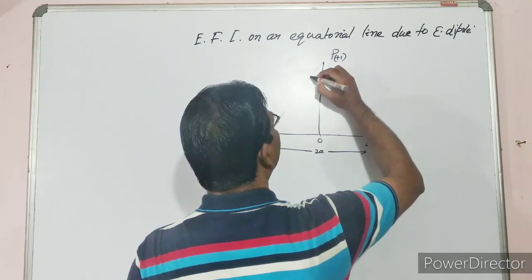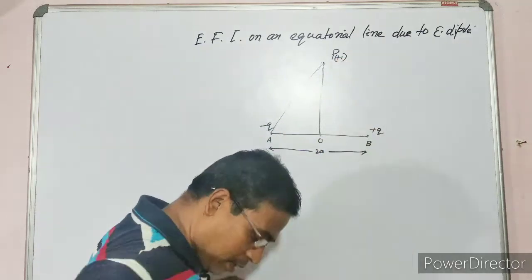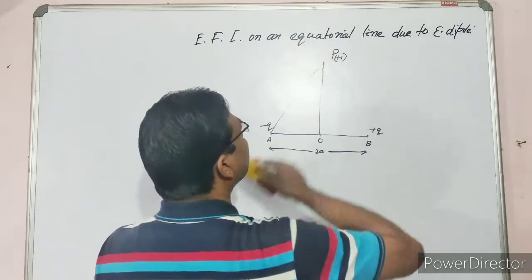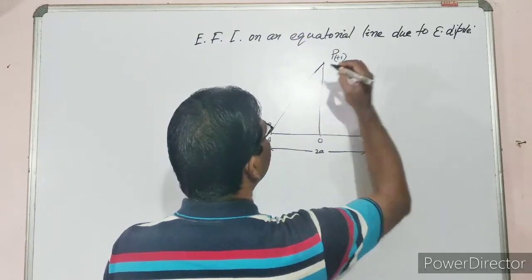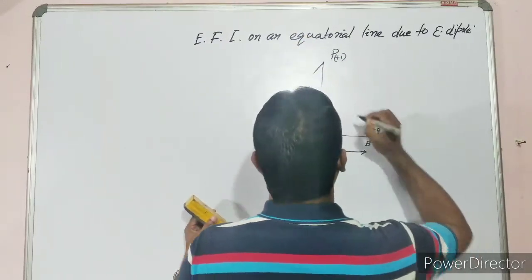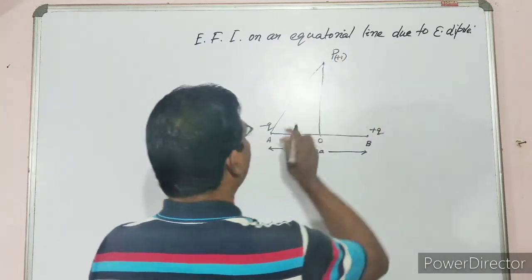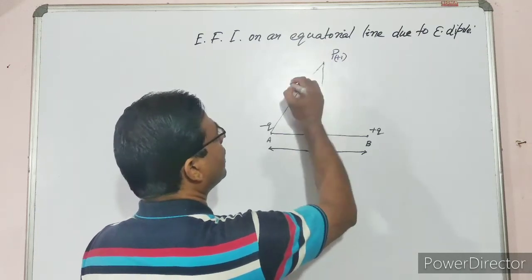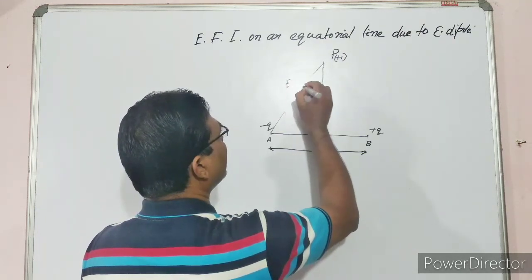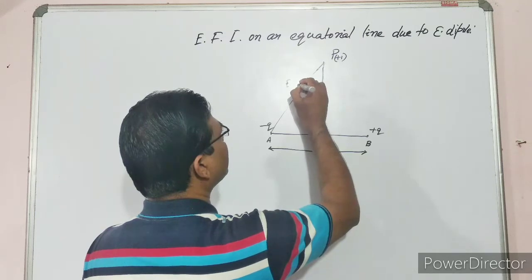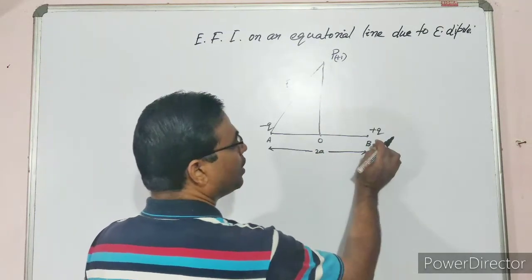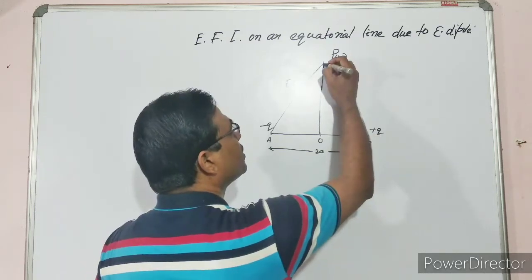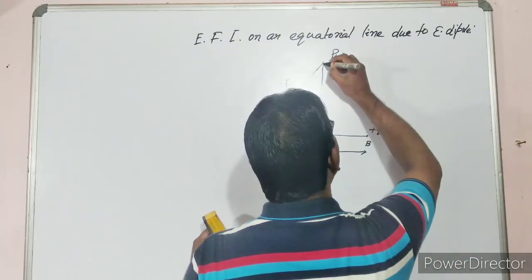Clear? Then similarly, from this line you join, as it is a minus charge, so it is radially inward. Let the electric field be E1, and you give the name, suppose it is C. Similarly, due to the plus charge, the electric field is here and you join this one.